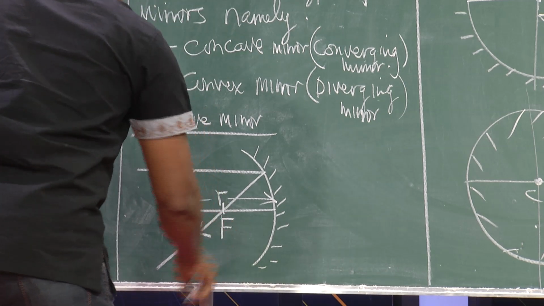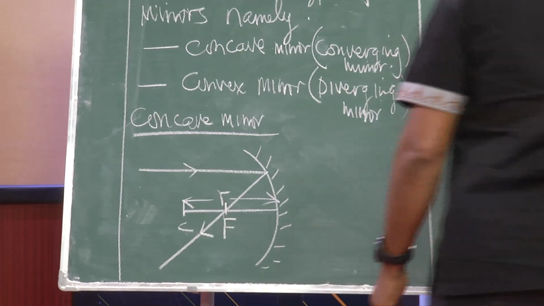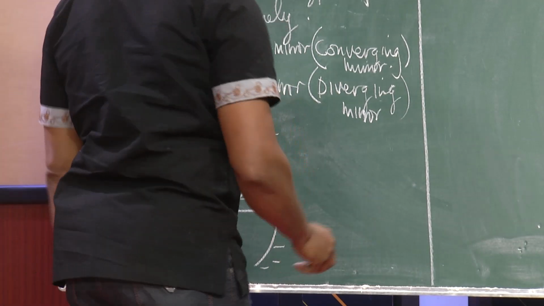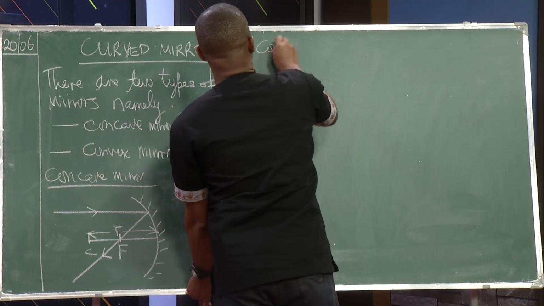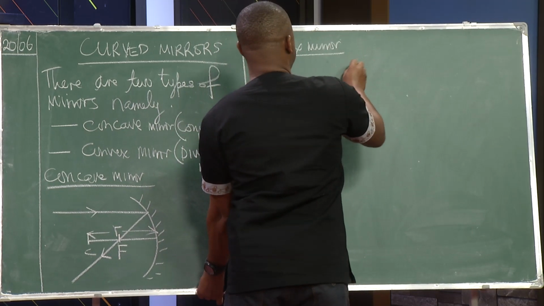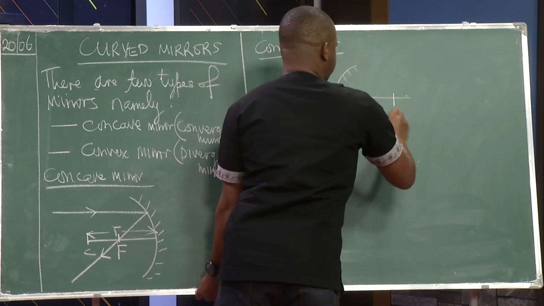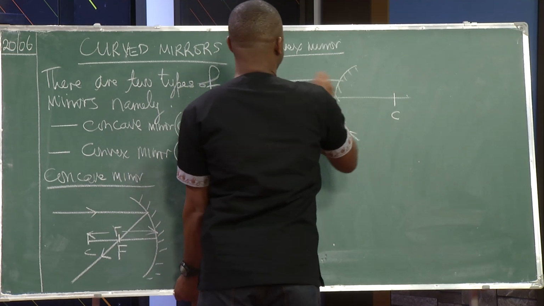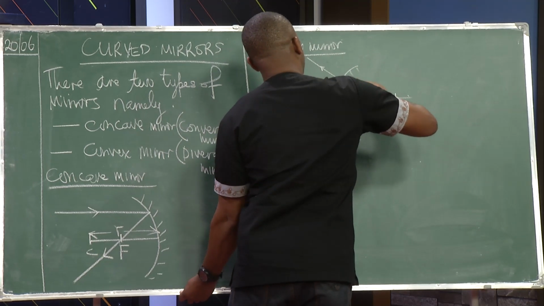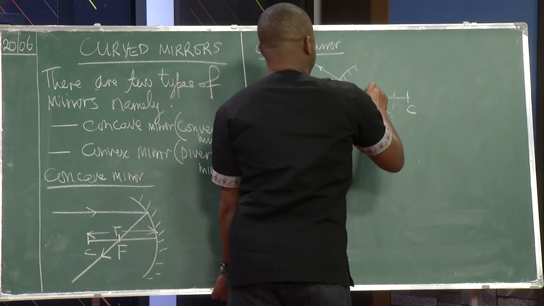And for the convex mirror, comparatively, we can say that a ray incident on the convex mirror, the center of curvature is here, and an incident ray will be reflected to appear to pass through the point that we shall call, again, the focal point.